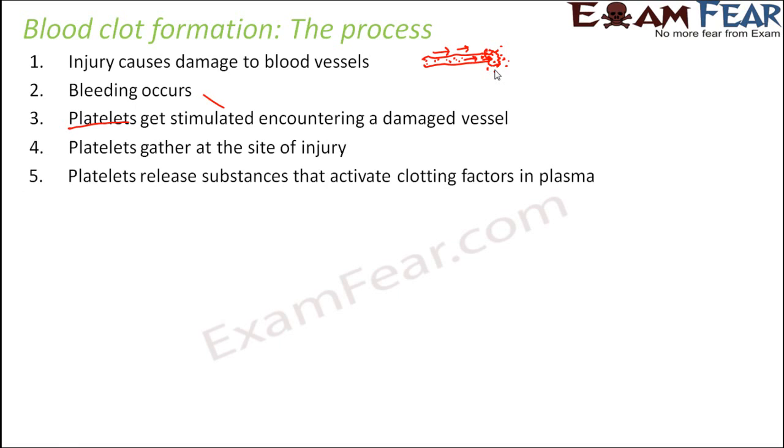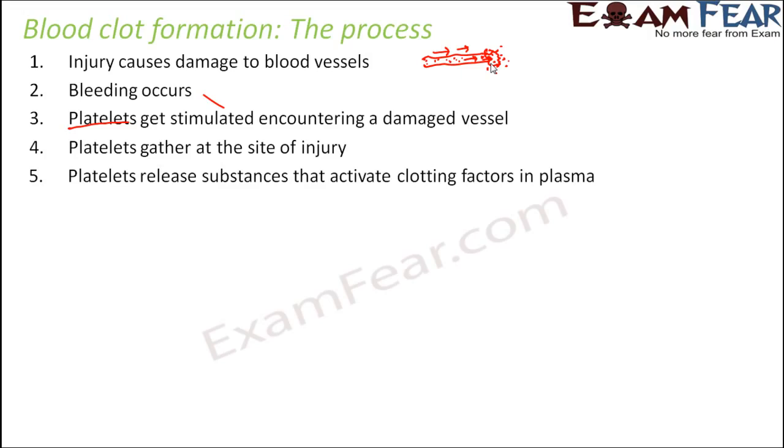Now, these platelets in turn release substances that activate the clotting factors in the plasma. So, they gather, that is one point. They start forming a clot kind of structure at the site of injury. On top of this, they also release certain substances which help in activating the clotting factors which are present in plasma.